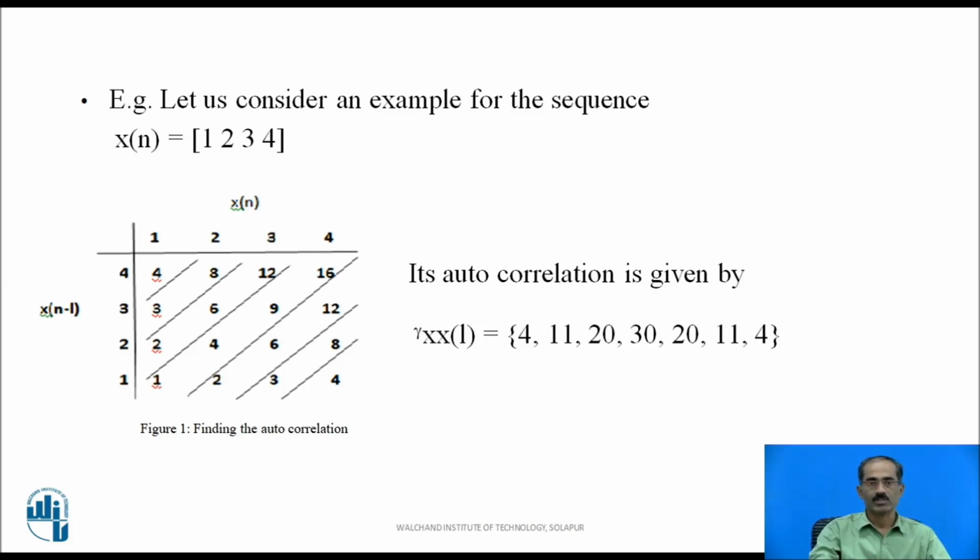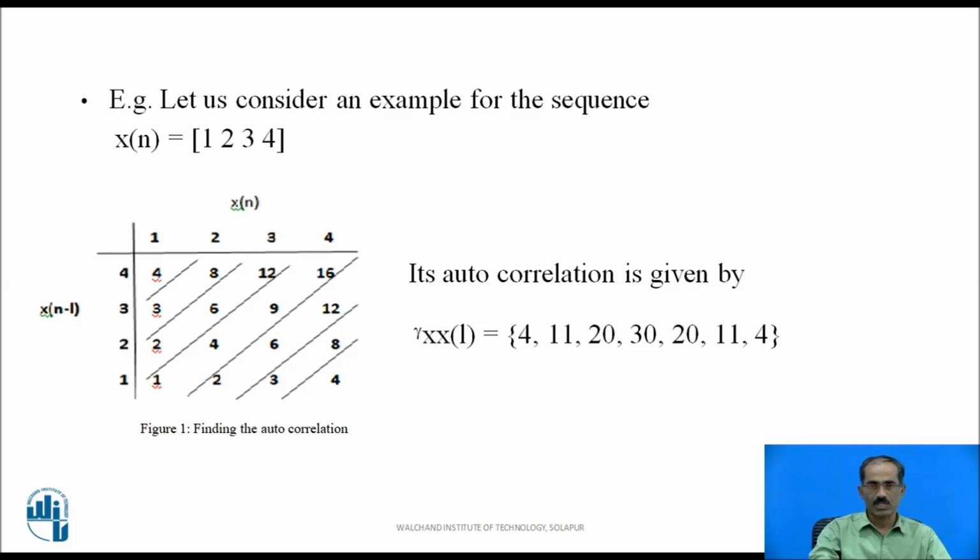The first single element you are going to get is 4. Second, 8 and 3 will be combined. 8 plus 3 is 11. Similarly, the third group will be 12 plus 6, 18 plus 2, that is 20, and next 30 and 20, 11 and 4. So this will continue.